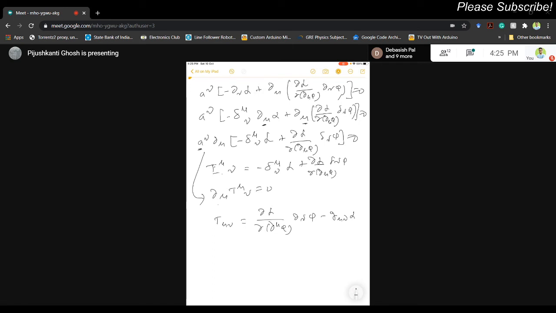Now for scalar field, ঠিকই বানান লিখেছি। For scalar field, the Lagrangian is equal to half del_mu phi del^mu phi minus half m squared phi squared. Okay, now we plug back this into this equation.